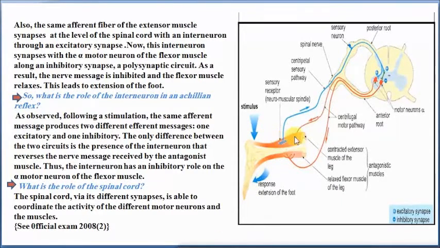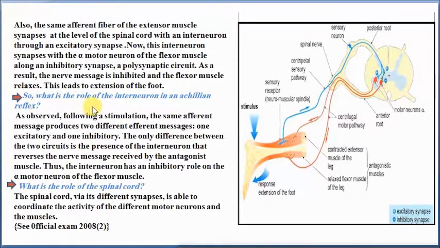The triceps surae is going to contract, which is an extensor leading to extension of the foot, since it is going to receive action potential via the alpha motor fiber, causing it to contract. The flexor muscle is going to relax because it is not going to receive action potential, since the synapse here is inhibitory.